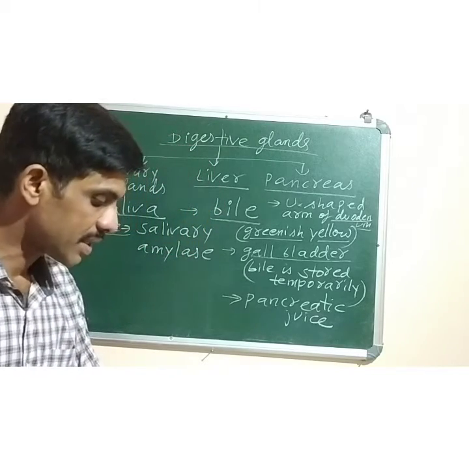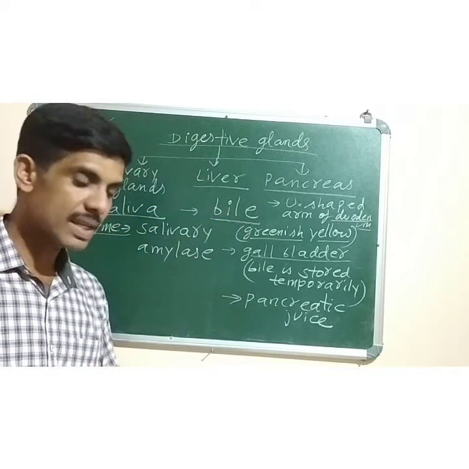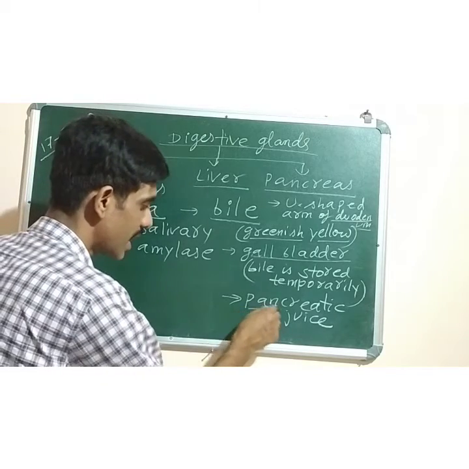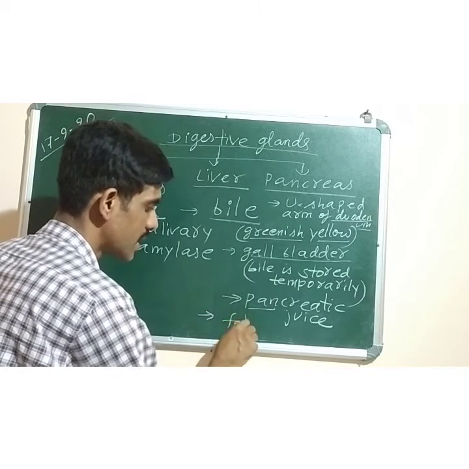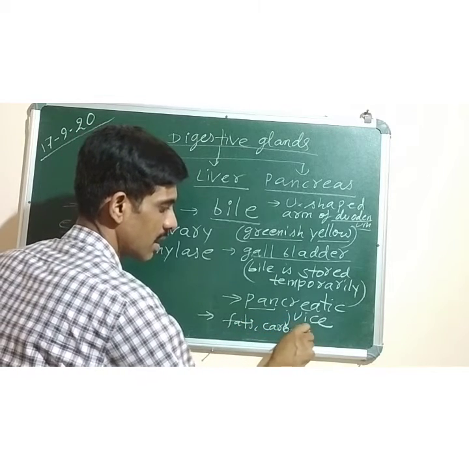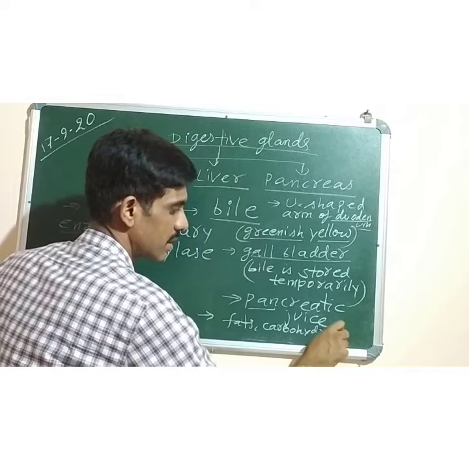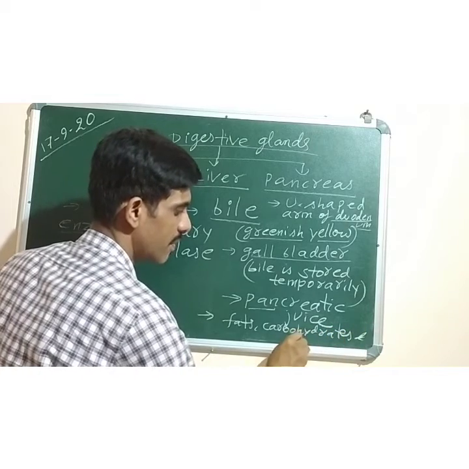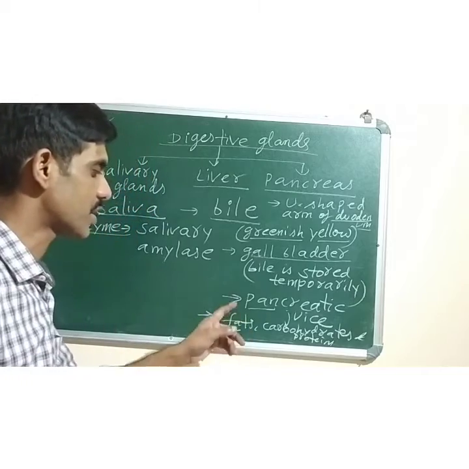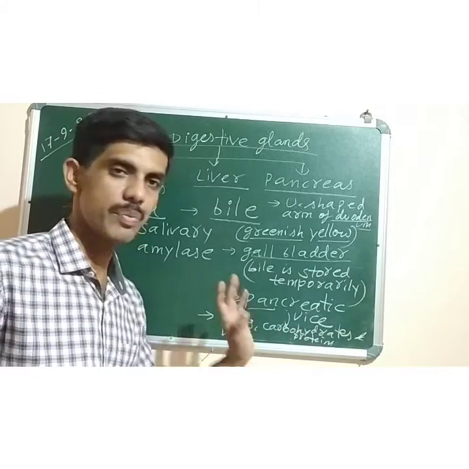Pancreatic juice contains enzymes. It helps in the digestion of proteins, carbohydrates and fats. So if asked what is the function of pancreatic juice, it helps in the digestion of fats, carbohydrates and proteins.